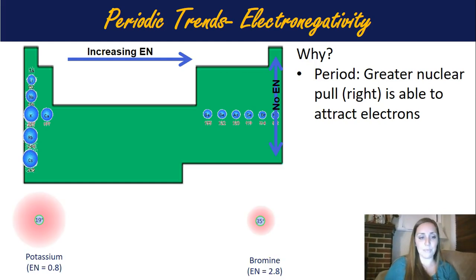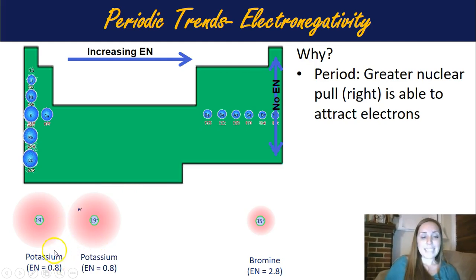So let's do an example. We're comparing potassium and bromine. Potassium has an electronegativity value of 0.8, and bromine has an electronegativity value of 2.8. Notice I'm not talking about krypton, because krypton has the lowest electronegativity, and we can think of it essentially as 0 because it's a noble gas. If there was another atom next to potassium, let's say another potassium atom, potassium can't pull an electron off another potassium.